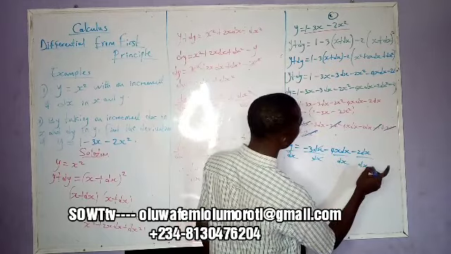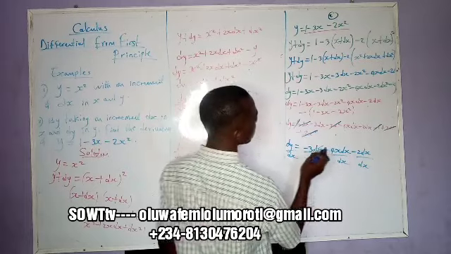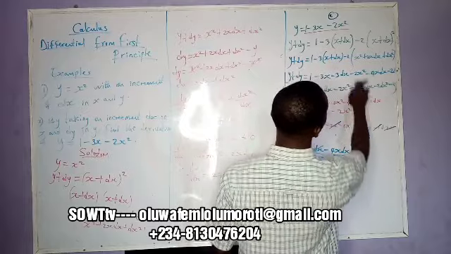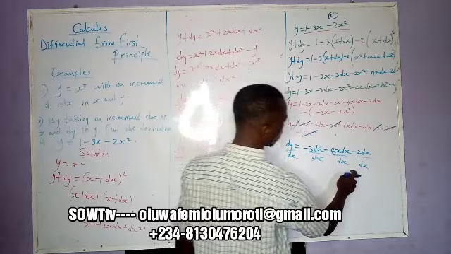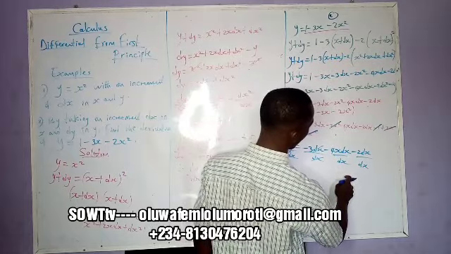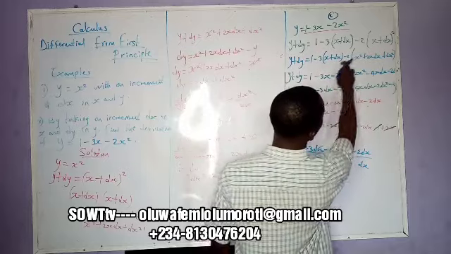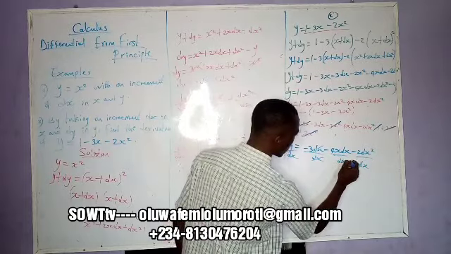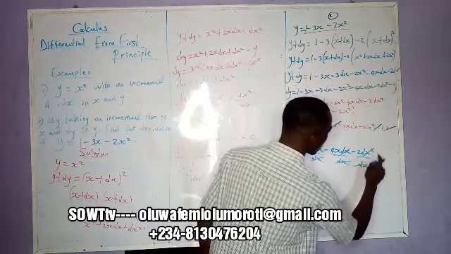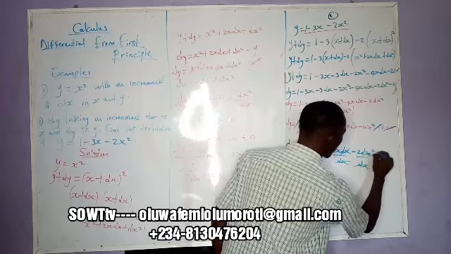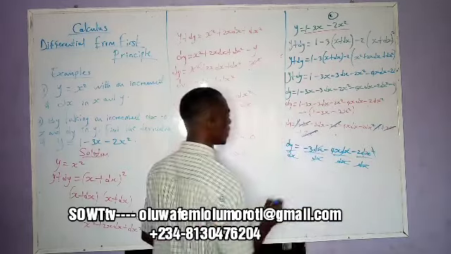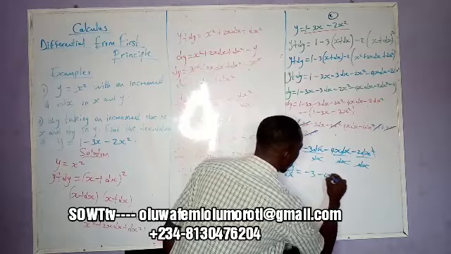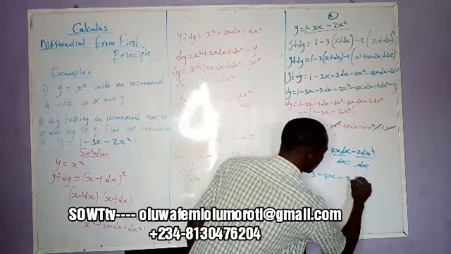Then dx cancels one of the dx in the dx squared, so we mean minus 2 dx. So from here we have dy over dx equal to minus 3 minus 4x minus 2 dx.